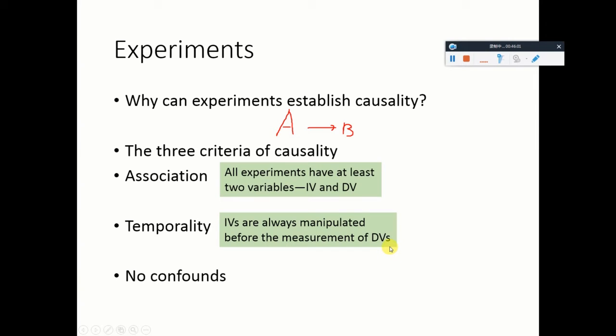And this is the same for our example experiment based on the Asch study, right? We have two groups of people read the description of Mike first, and then we have them estimate how friendly Mike is. So the description of warm versus cold comes first, followed by the perception of Mike in terms of his friendliness. So the cause, the manipulation, happens first and the effect happens later.